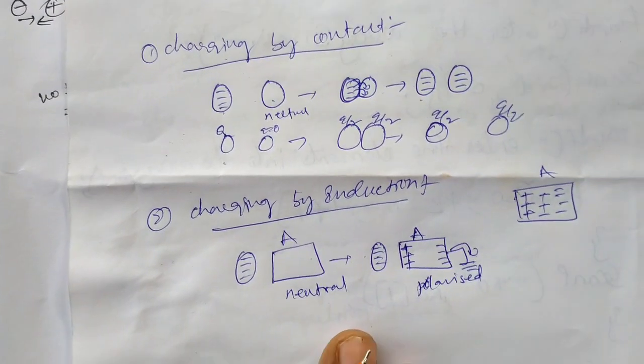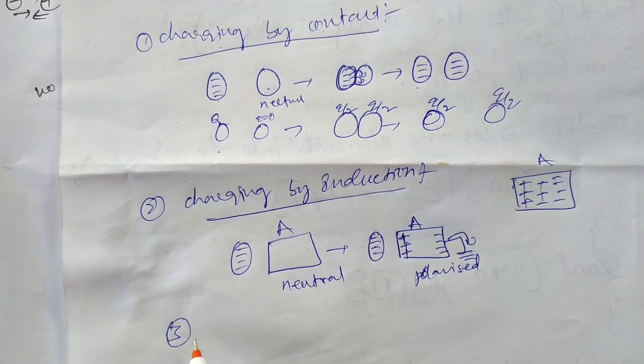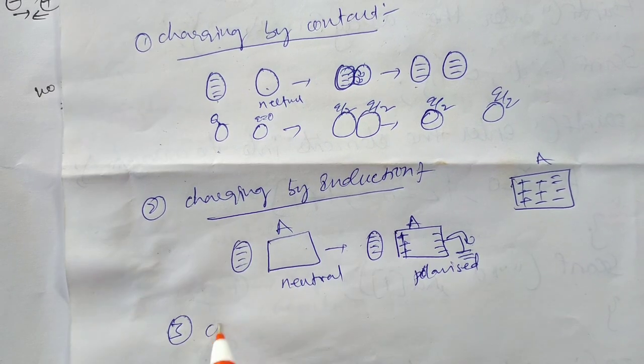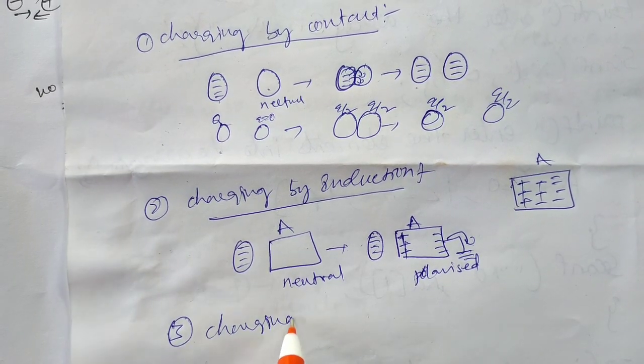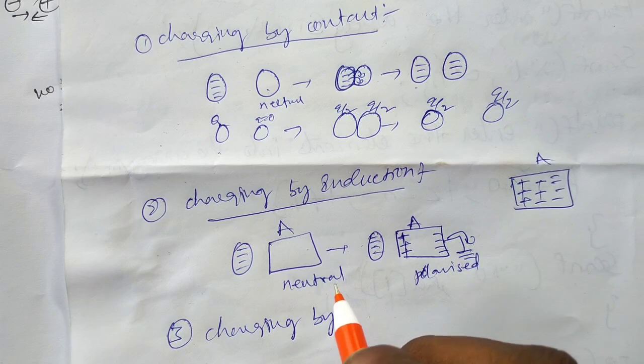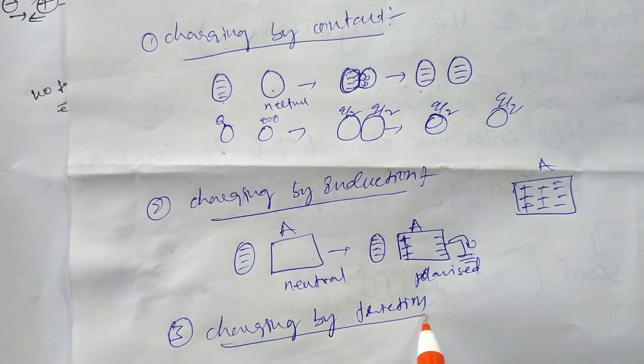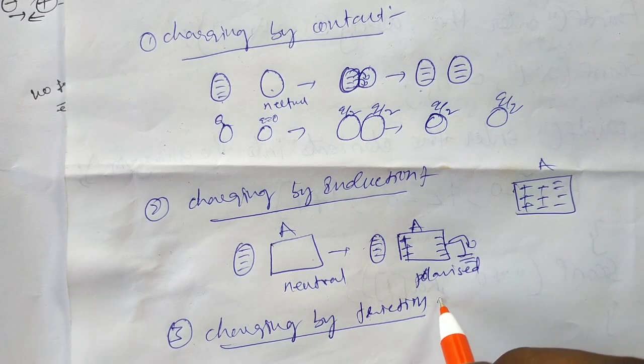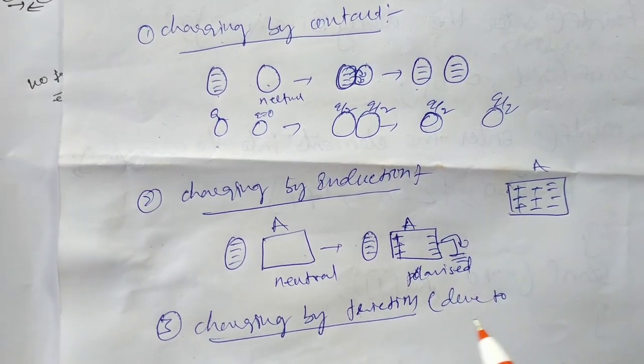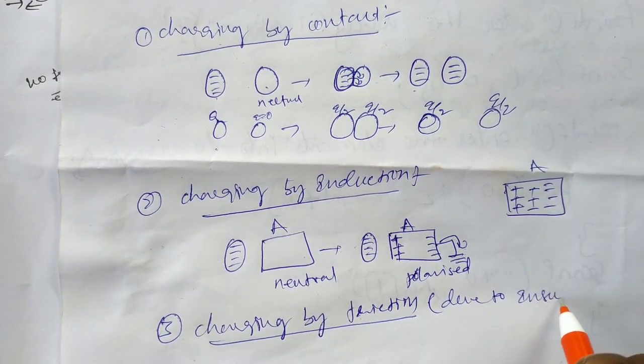Next, the third one is charging by friction. It is due to insulators.